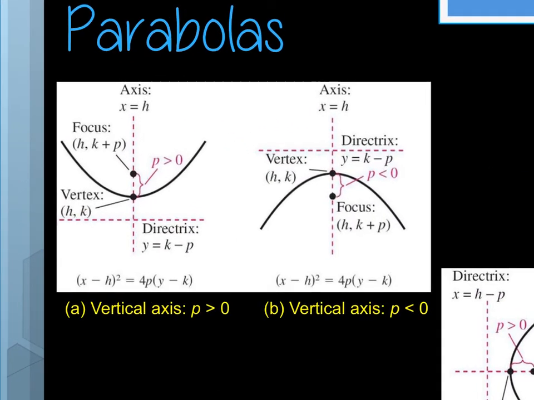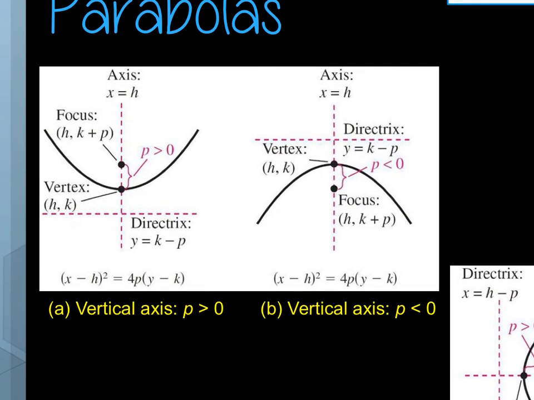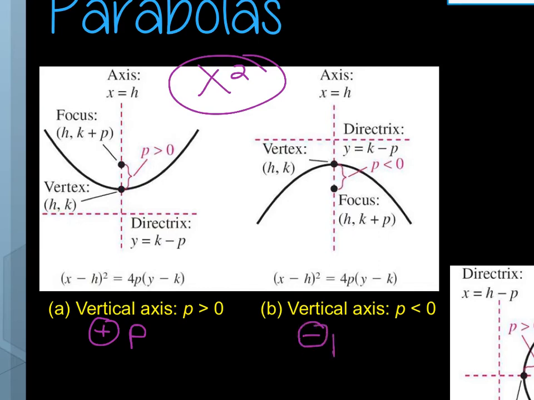So this first one is a vertical parabola, which means this is an x squared parabola. If the p is positive, then my equation opens upward. If the p is negative, then the parabola opens downward. In both scenarios, the distance from vertex to focus or vertex to directrix is still p.